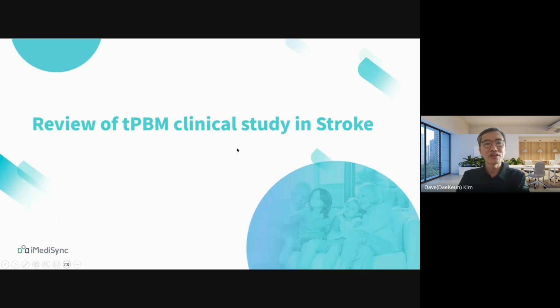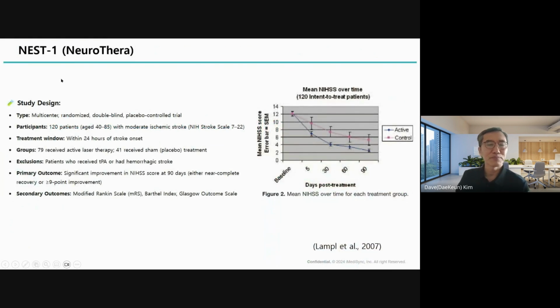And I will briefly review the previous clinical studies in photobiomodulation. The very well-known study is the NEST study; there are 3 different NEST studies. In the first study, they recruited 120 patients, and you can see this kind of intervention effect.